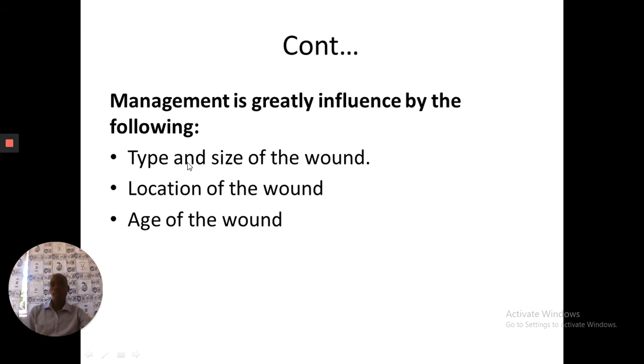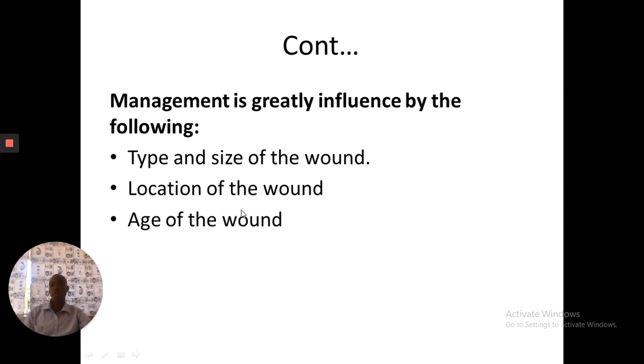So in management of wounds, these things are going to really influence our management, and that is the type and size of the wound, the location of the wound, and the edge of the wound. Of course, for example, the way you manage a laceration is not going to be the way you are going to manage an avulsion. These wounds are different. Of course, the size also plays a role.